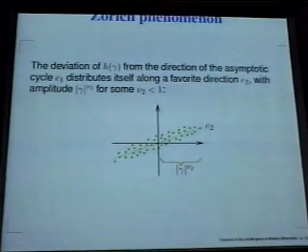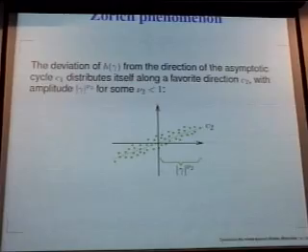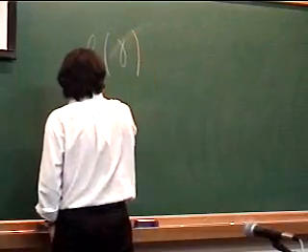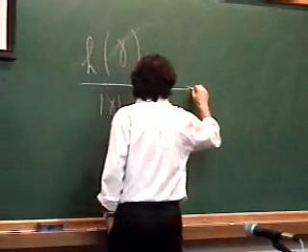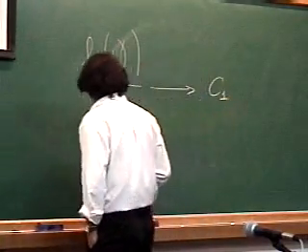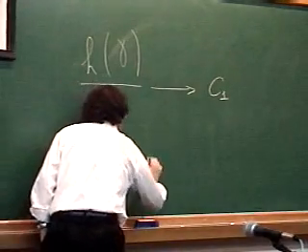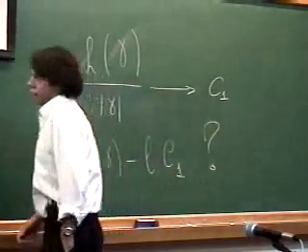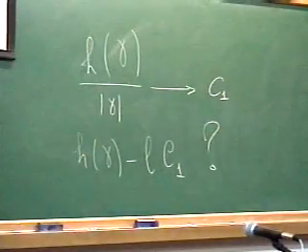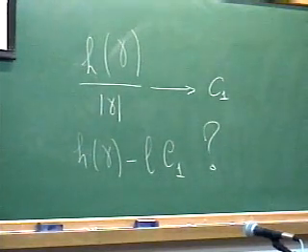So essentially, the unique ergodicity tells you that h of L divided by the length converges to C1. And the question is, what can you say about the error? What can you say about the deviation from the limit? And you realize that the answer is actually quite rich.